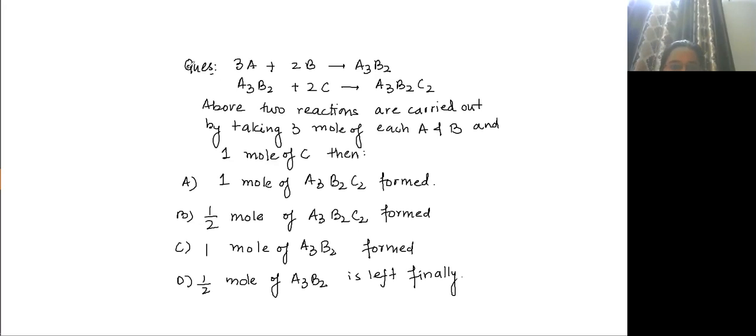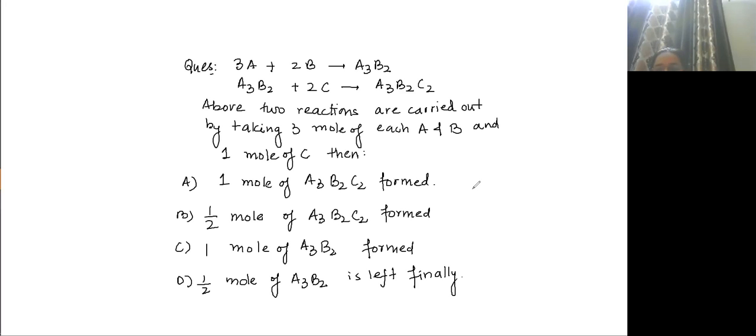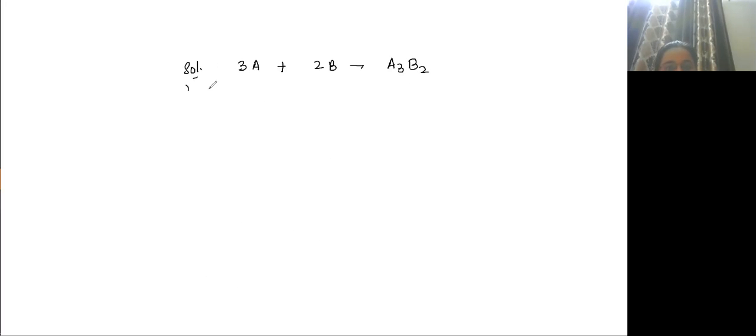Now see. Question is 3A plus 2B gives A3B2. And the moles of A and B are given as 3 moles. So which will be LR in this? 3 divided by 3, this is 1. This is 3 divided by 2, this is 1.5.